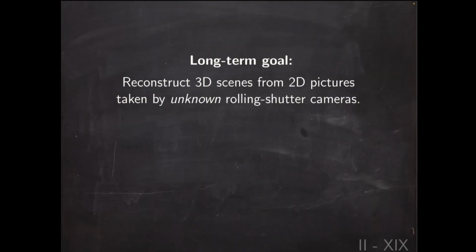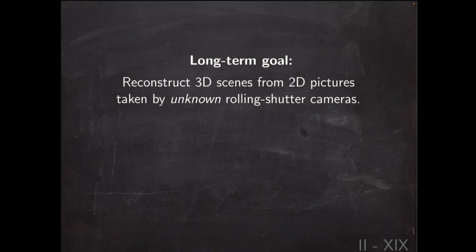And why do we want to do that? The overall goal that I don't get to talk about today, because I think it would require several years of research to actually get it working, is that the engineers want to do the reconstruction of three-dimensional scenes from many pictures, where the pictures are now coming from these rolling shutter cameras.